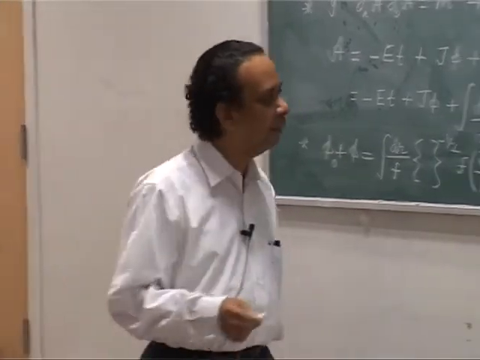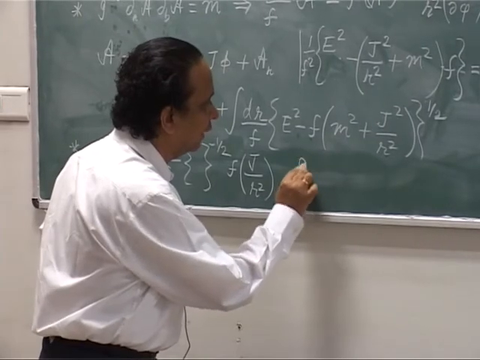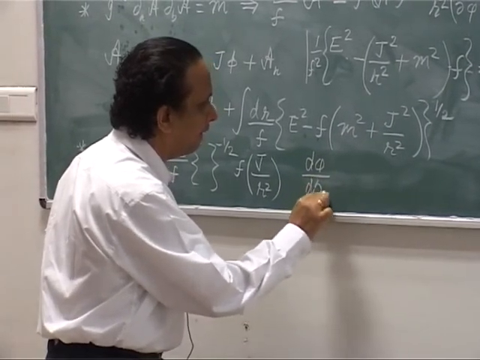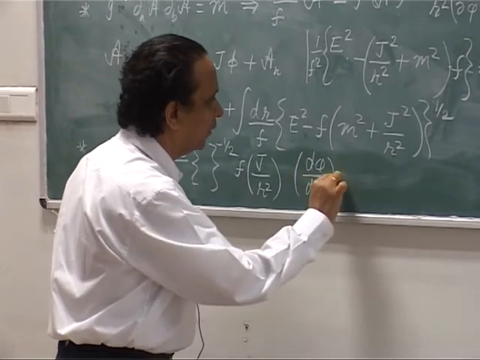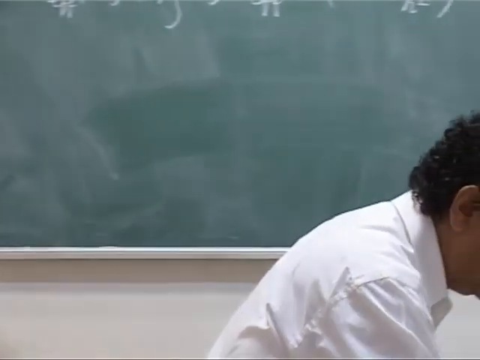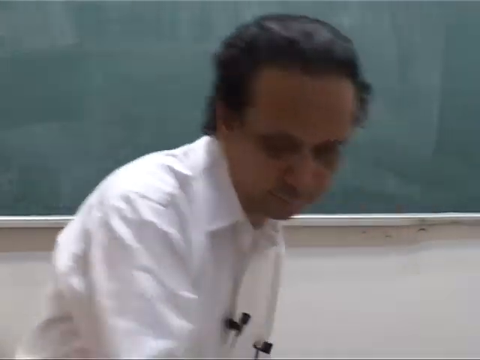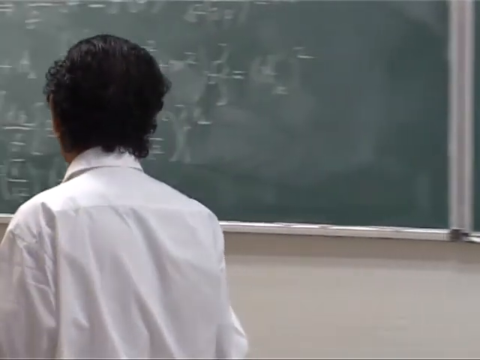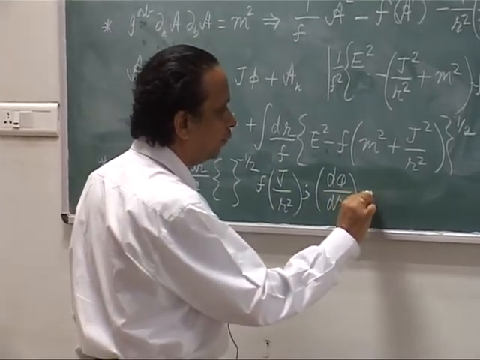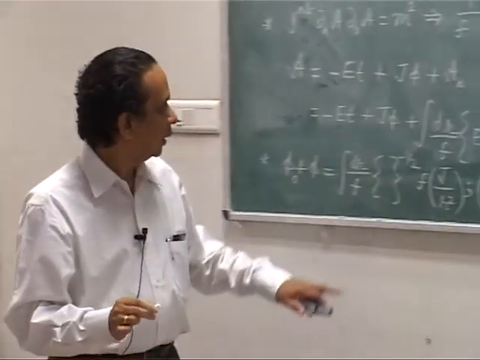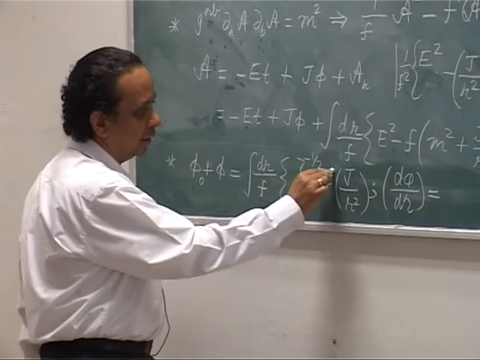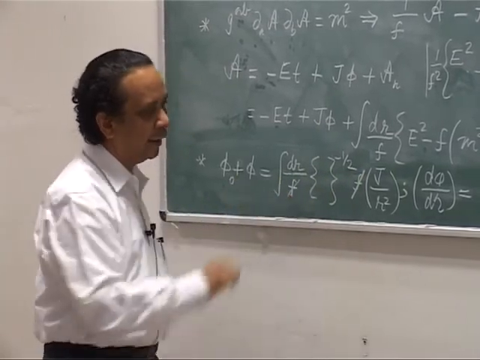So we want to do d phi by dr. d phi by dr will be equal to, there is a 1 by f and an f which will cancel out here, which I could have cancelled out even earlier.